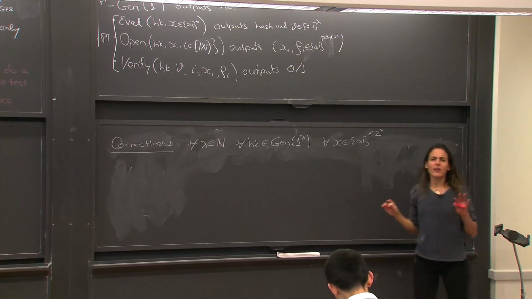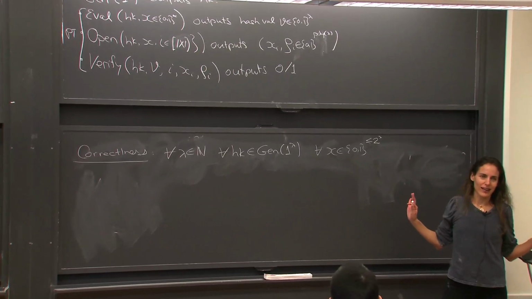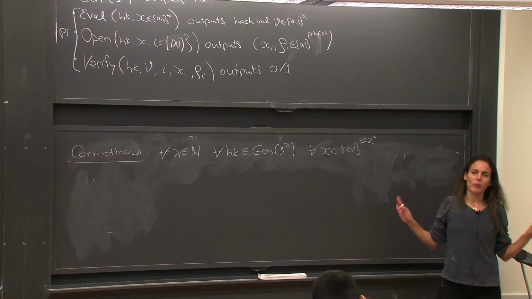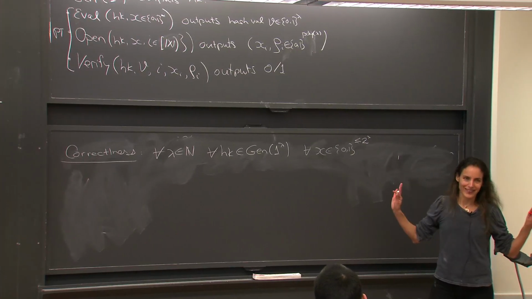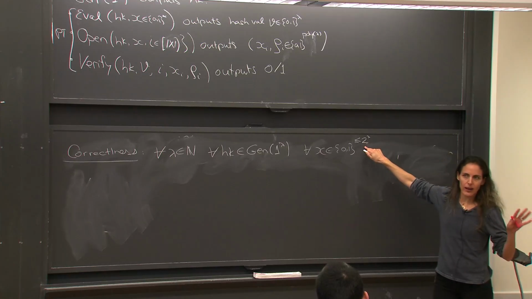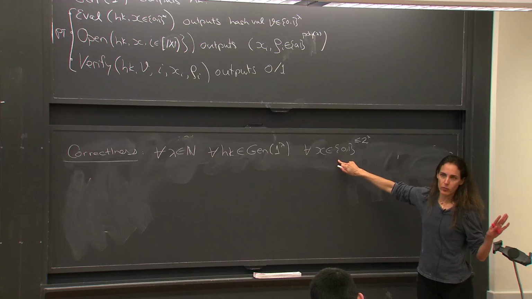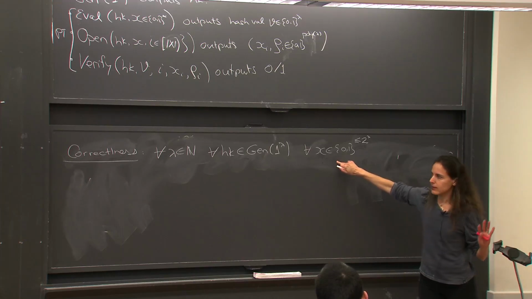So let's think of the security parameter as at least of size log n, where n is the size of x. We never take the security parameter to be smaller than log n. That's why we always assume that the size of x is at most 2 to the security parameter, the number of bits in x.